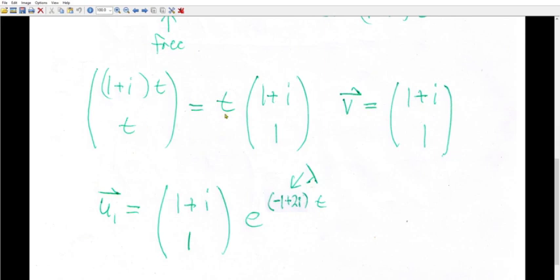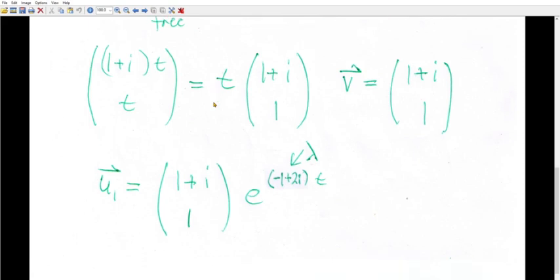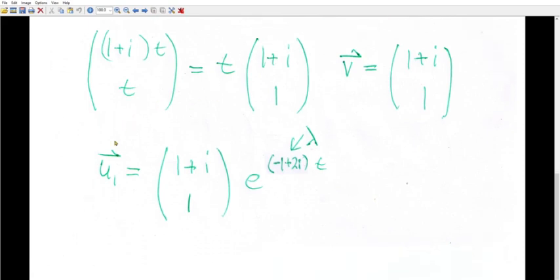And when you factor the t out, you get (1 plus i, 1). We'll take our eigenvector to be (1 plus i, 1) by setting t equal to 1. And according to what we know, that means our solution is the eigenvector (1 plus i, 1) times e to the eigenvalue, which was -1 plus 2i, t.